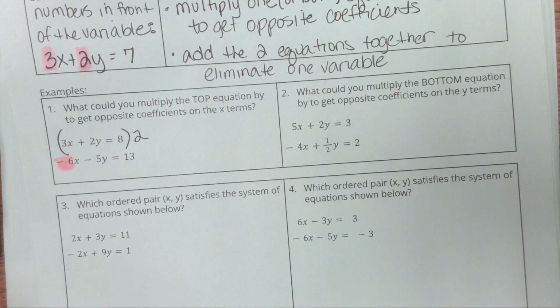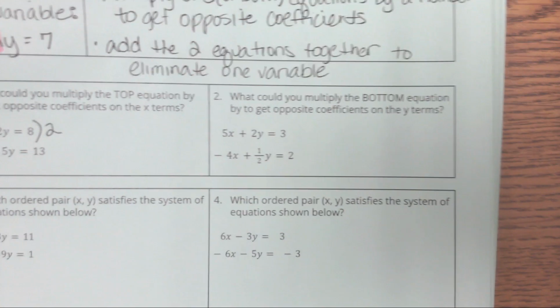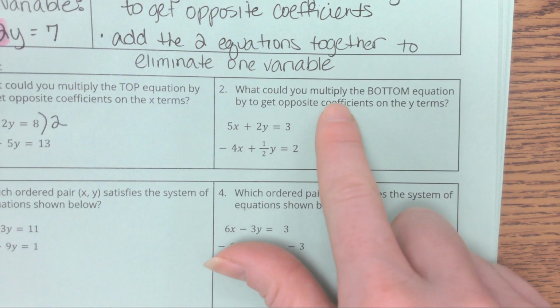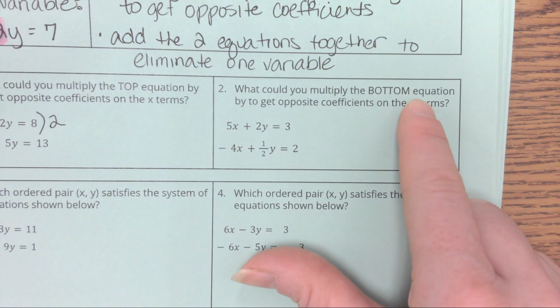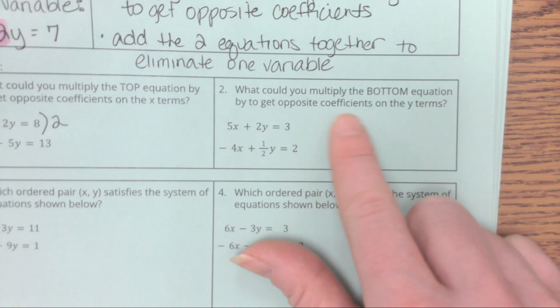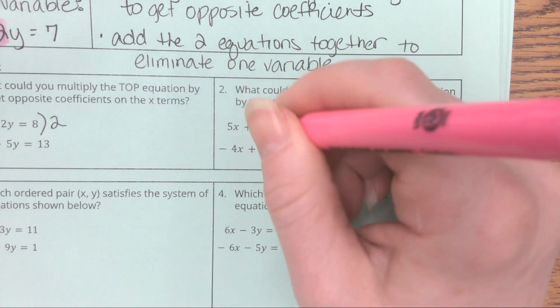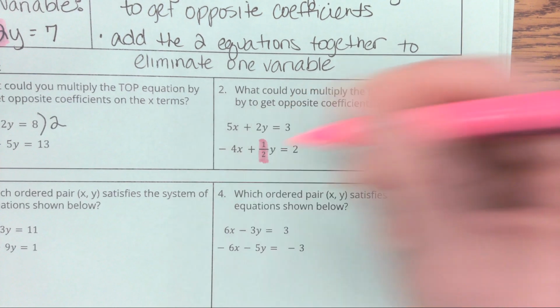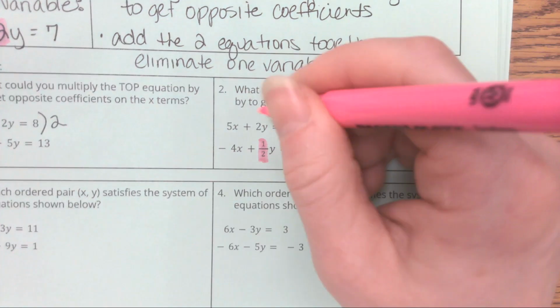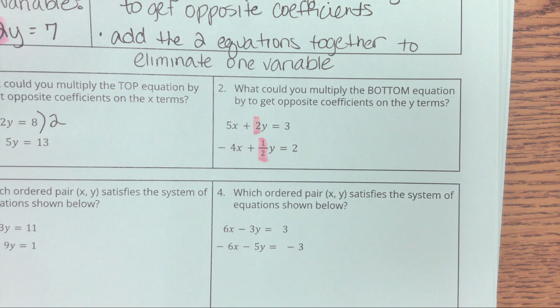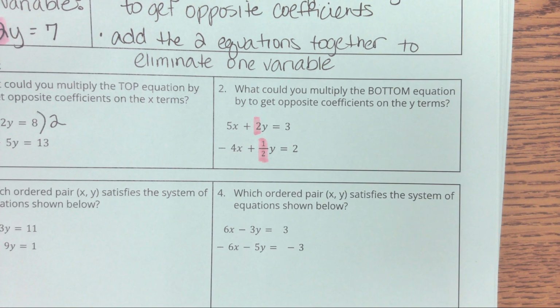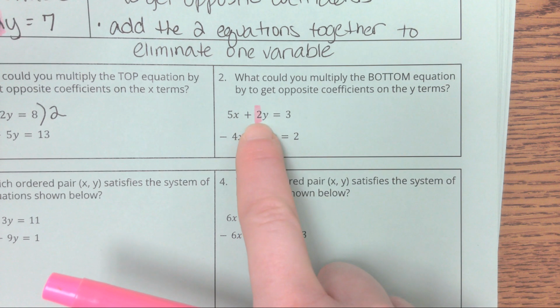All right, let's look at question 2. What could you multiply the bottom equation by to get opposite coefficient on the y terms? All right, so here I have a 1/2. Here I have a 2. What could you multiply the bottom by to get the opposite of this? What's the opposite of 2? -2.